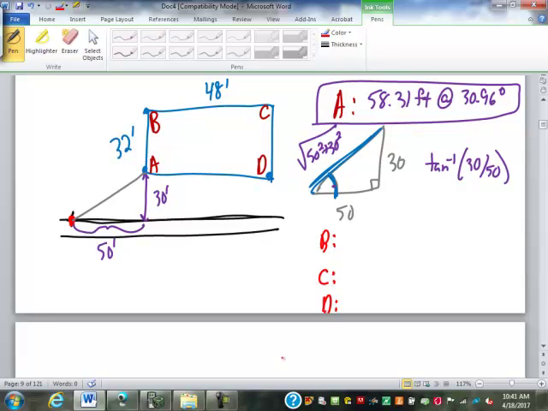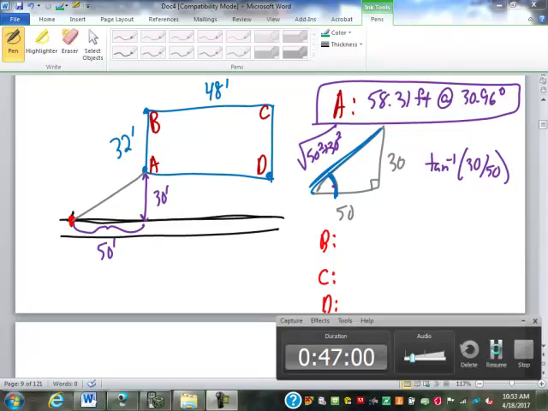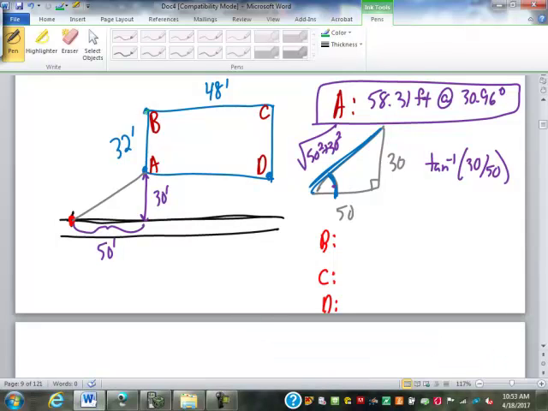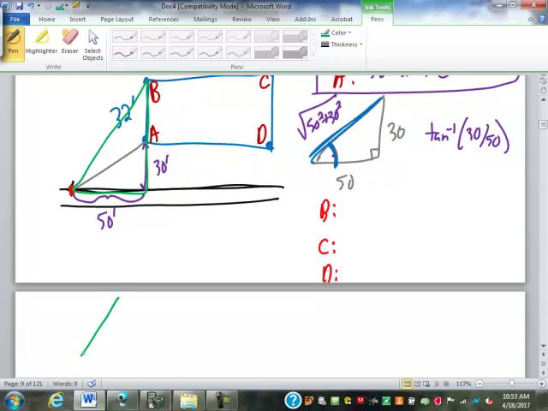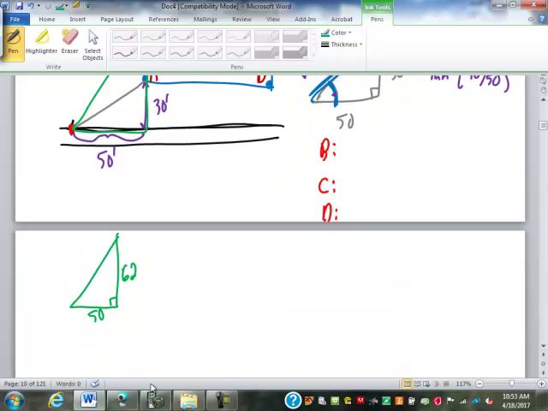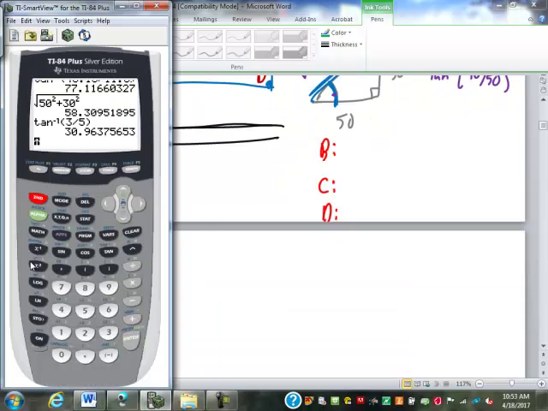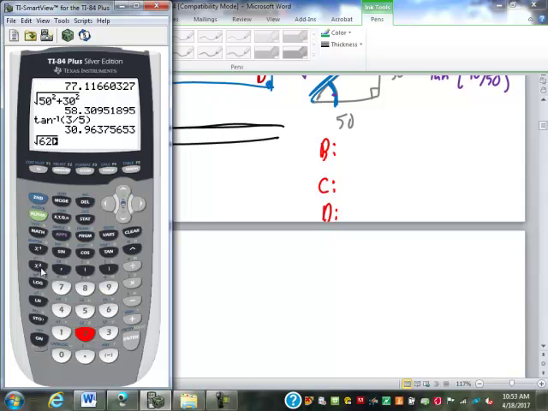So I want you to locate B, C, and D for me. Let's look at point B. Point B is going to be this triangle here. And that triangle will be 50 down here. And what's it going to be here? 62. So its length is going to be the square root of 62 squared plus 50 squared.